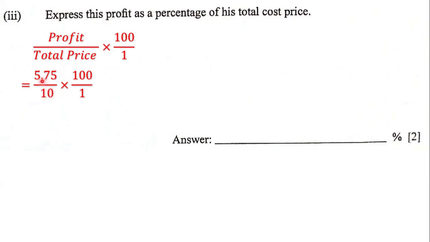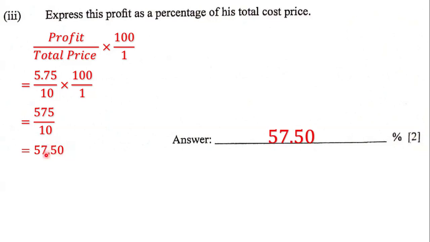And so 5.75 all over 10 multiplied by 100 over 1. We say 5.75 multiplied by 100, and that gives us 575. And we say 10 times 1, which gives us 10. Next, we divide. So we say 575 divided by 10, and that gives us 57.5, and that's in terms of percentage because we're not doing money, we're doing percentage.